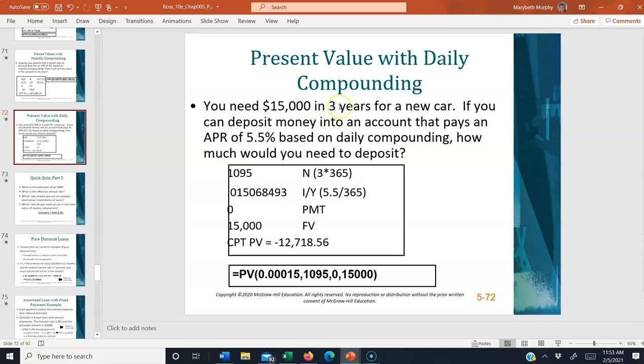We have 3 years, and it's daily compounding, so we multiply by 365, which turns out to be 1,095 days. The APR, annual percentage rate, is 5.5%. If it's compounding daily, we have to divide that by 365, and that gives us 0.0158, or 1.015068493.